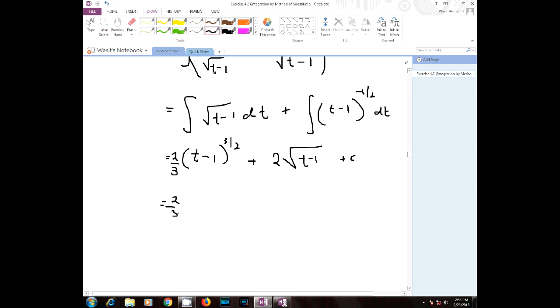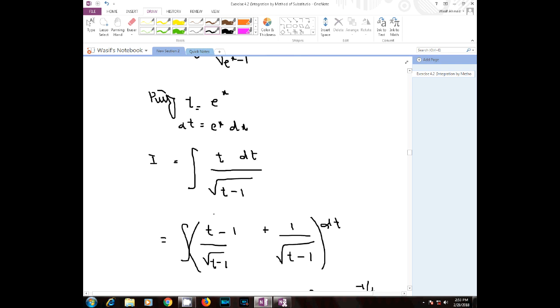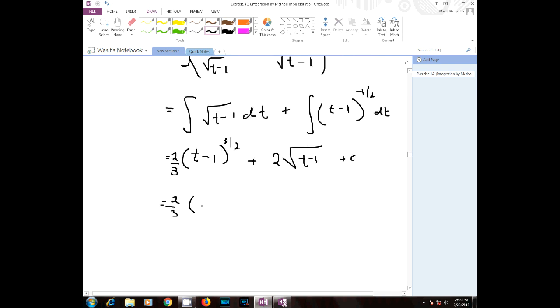Now put the values back. t is equal to e raised to the power x. So you have 2 by 3 times e raised to the power x minus 1 raised to the power 3 by 2 plus 2 square root e raised to the power x minus 1 plus constant of integration. Let me check it. This is the answer.